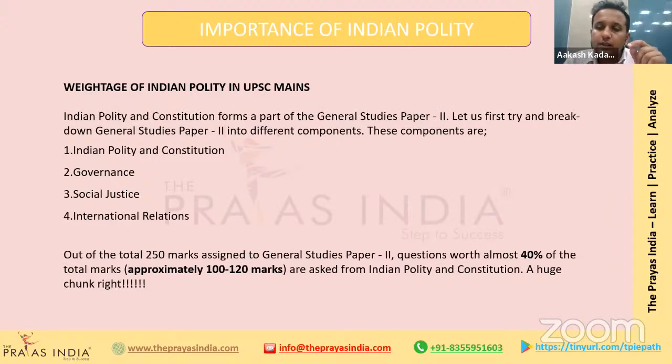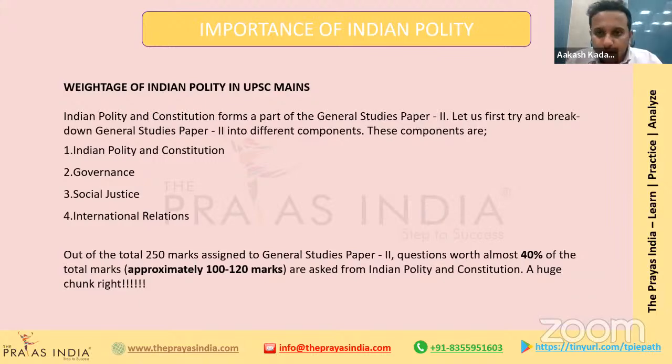Almost questions worth 100 to 120 marks would be asked from Indian polity and constitution only, which means almost 40%. Therefore, in UPSC mains also, Indian polity plays a very significant role, so understanding the subject and the constitution is very important.